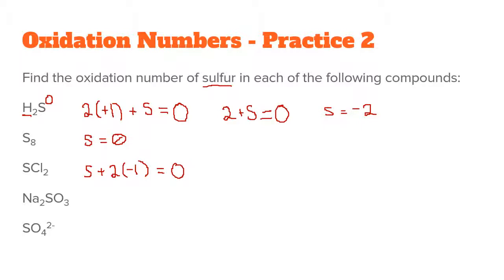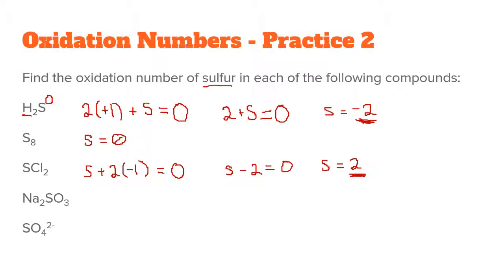So sulfur plus -2 equals 0. The sulfur this time has to have an oxidation state of +2. So in dihydrogen sulfide, this first one, sulfur has more electrons than it does in the second one.